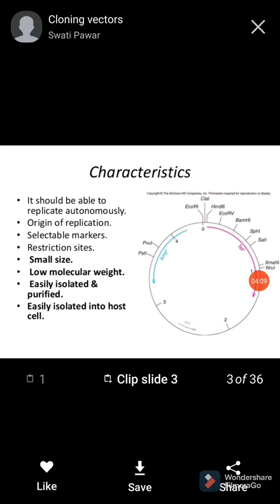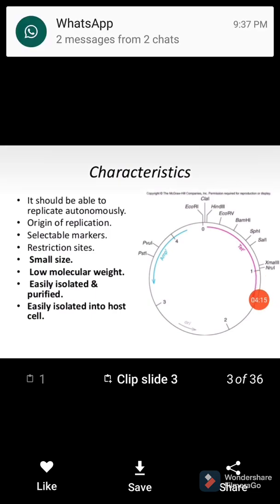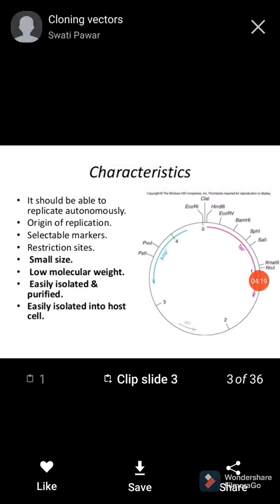A multi-cloning site is a site where we can cut with restriction enzymes and insert our gene of interest. Why multi? So that you can use multiple restriction enzymes to cut at different sites. For example, EcoRI and BamHI are two different restriction enzymes, and they will cut at different sites.